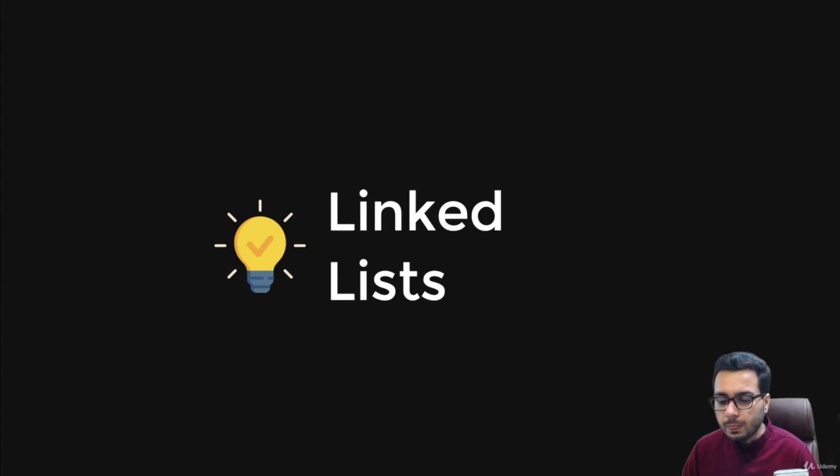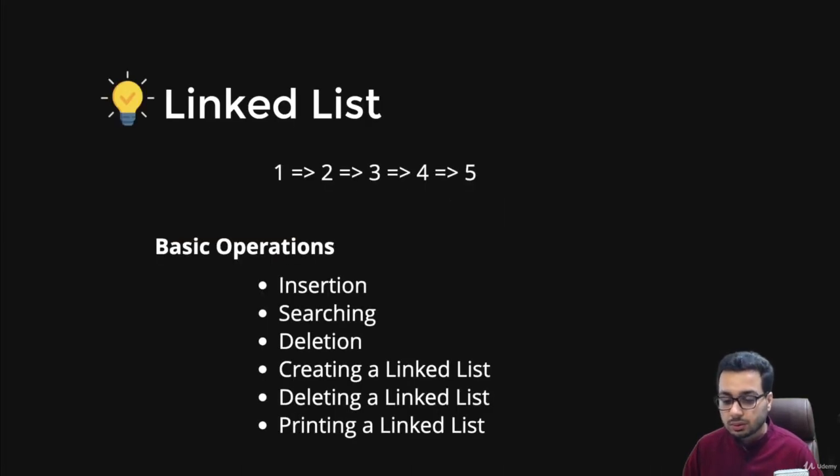Let's move on to some basic operations that you can do on a linked list. Insertion: you can insert a new node. Maybe you want to insert a node at the head, so this is how you do it. Maybe you want to insert something at the end. But another advantage that a linked list offers is that you can also insert in the middle. Maybe you want to insert 2.5, and what you will do is create a node, and go to the position where you want to put this node.